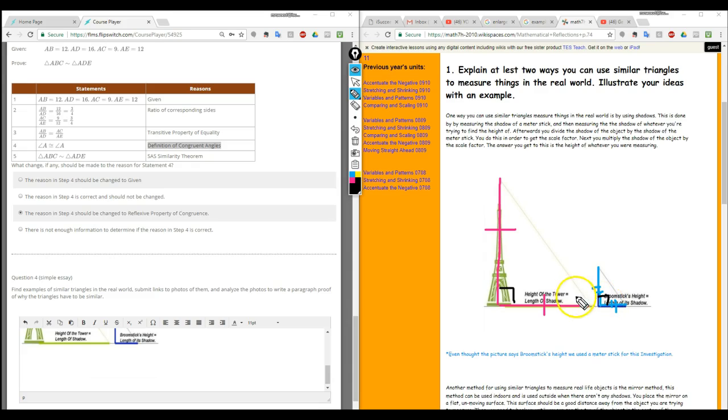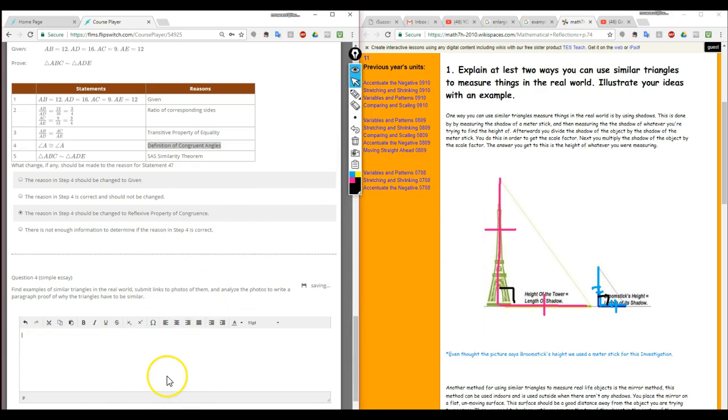Congruence similarity theorem. And it's because if I took the height of this broomstick, I would have to multiply it, say, by 4 to get the height of the tower. Well, if the length of its shadows are the same, that means the length of the shadow would have to be multiplied by 4 in order to get this length of the shadow. And the ratio of corresponding sides would be the same. So the ratios of corresponding sides are the same, and we have the congruent angle because right angles are always congruent to itself.